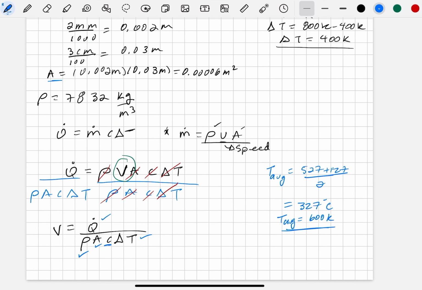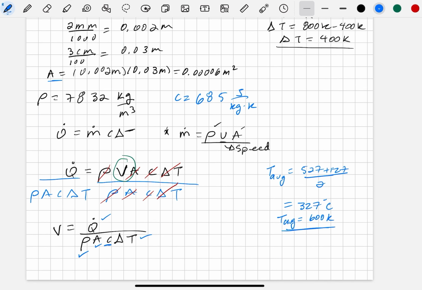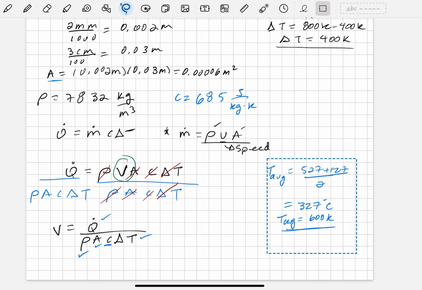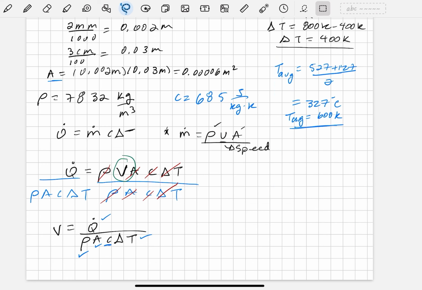So which means that specific heat is equal to 685 joules divided by kilograms times kelvins. Now, having said all of this, all we have to do now is just plug everything in, and we should be able to solve this problem.